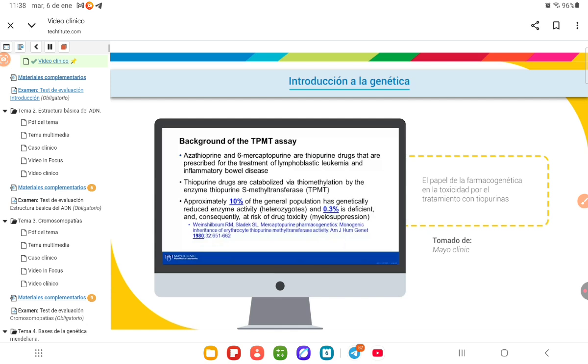As described almost 40 years ago in a seminal paper by Dr. Weinshilboum here at Mayo Clinic, erythrocyte TPMT activity follows a pattern of monogenic inheritance, where approximately 10% of the general population has genetically reduced enzyme activity due to heterozygosity for a pathogenic variant, and 0.3% is deficient for carrying two of them. Both groups are consequently at risk of drug toxicity.